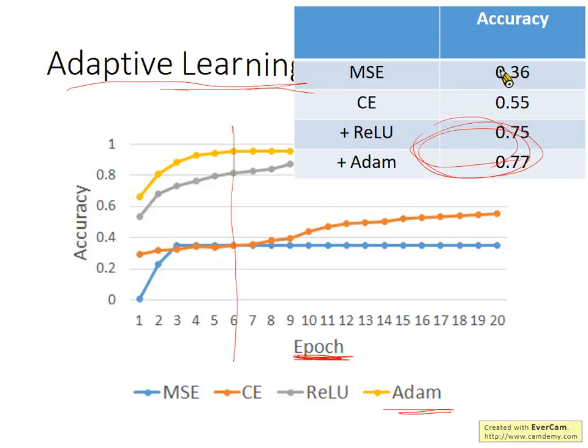Here we see the best accuracy comes from combining cross entropy, ReLU, and Adam. If we use ReLU plus Adam, we have the best training accuracy.